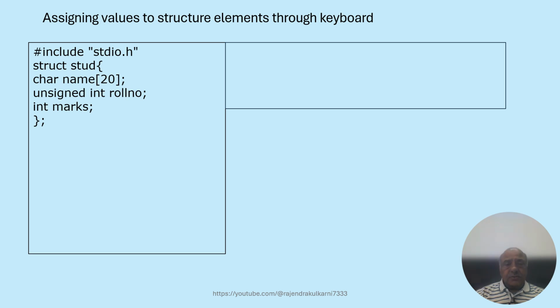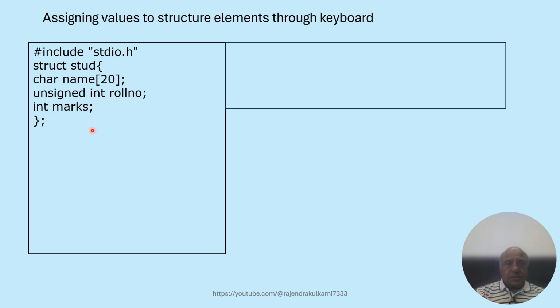Stud I am using as a short form for student. A student will have a name. The student will also have a roll number, and the student data will contain the marks he has obtained.